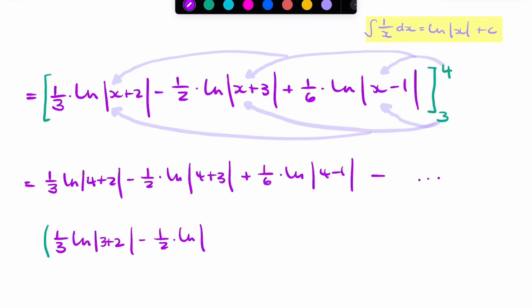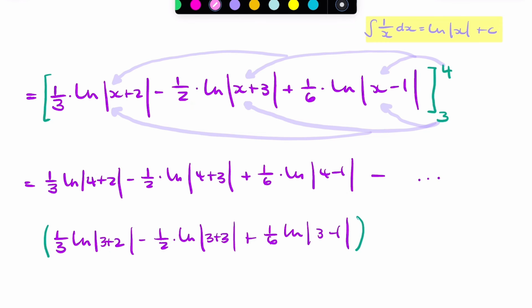And then it's x plus 3, so it's 3 plus 3. And then it's x minus 1, so it's 3 minus 1. Okay, so we can now, so that's going to be a 6, that's going to be a 7, that'll be a 3, that's a 5, that's a 6, and that's a 2.